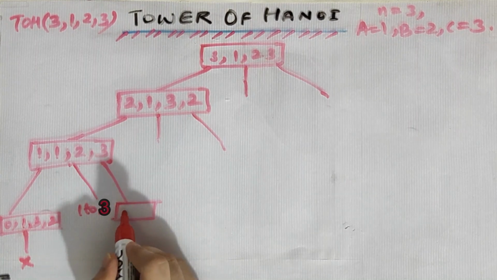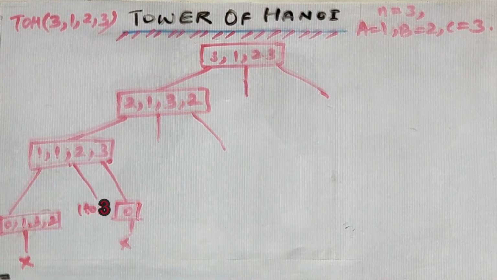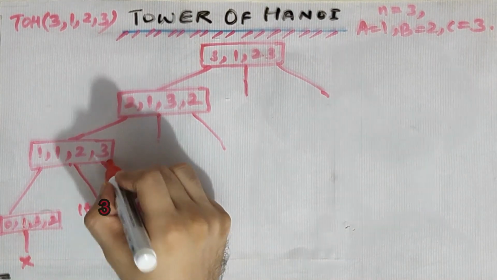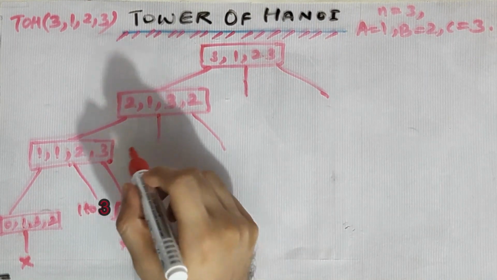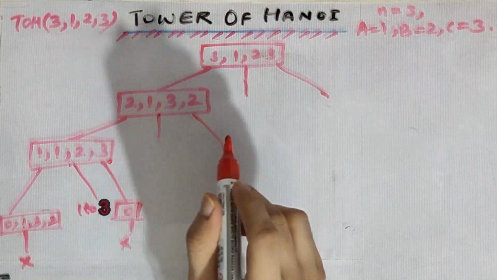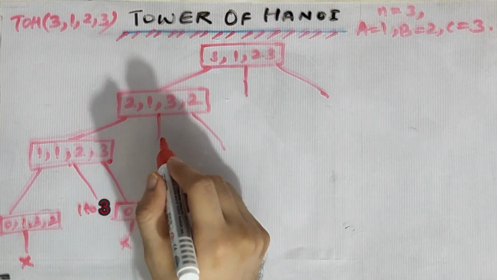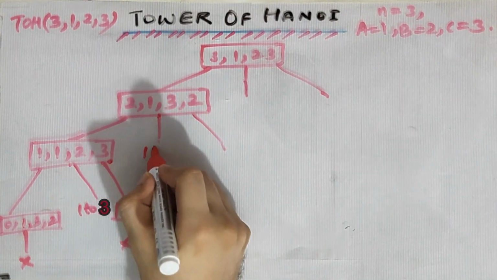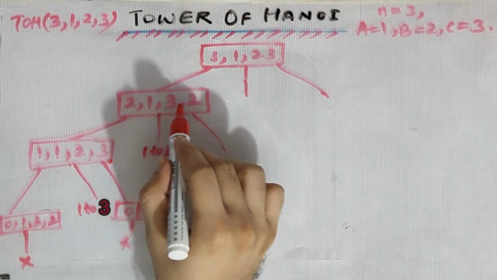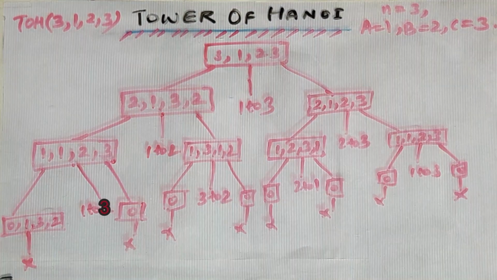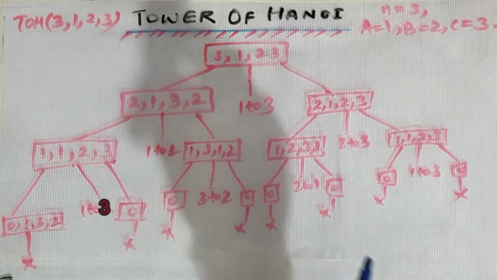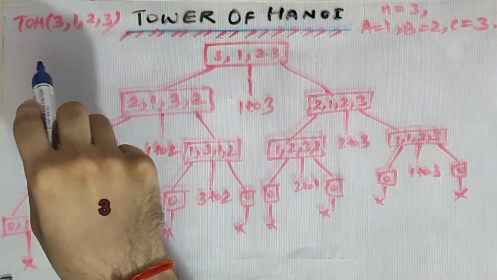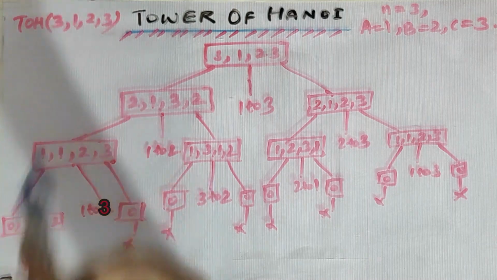Here n is again 0, so this will terminate. It will move to the previous call. Here nothing is remaining, so it will move to the previous call. Here it will print 1 to 2, so we have to move from 1 to 2. So in this way we can trace the entire tracing tree for the call TOH 3 1 2 3.